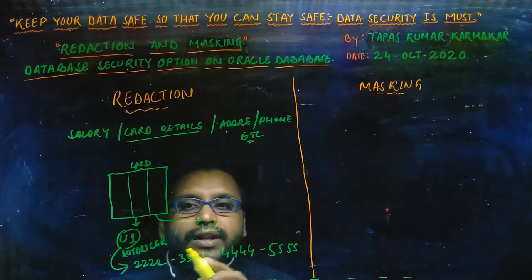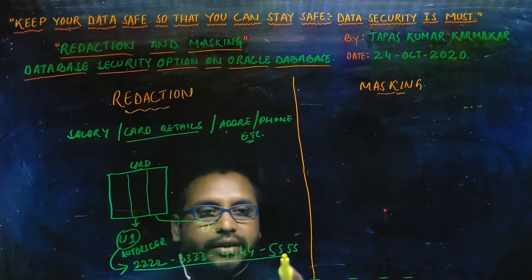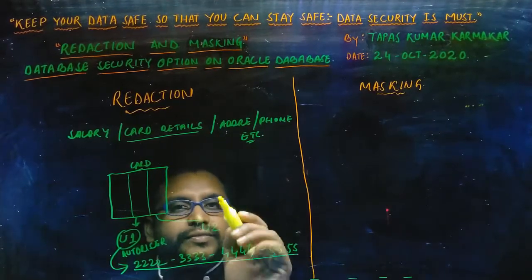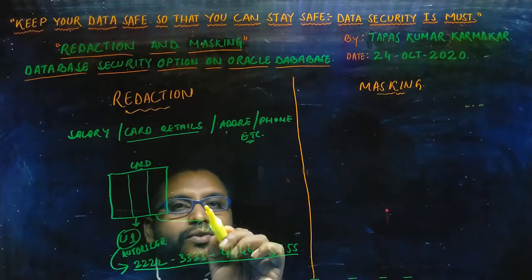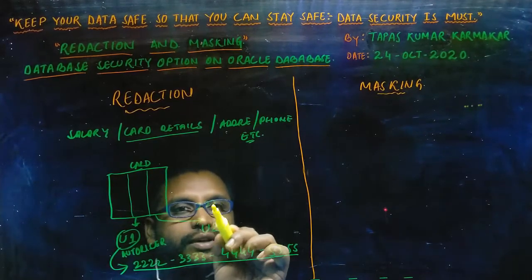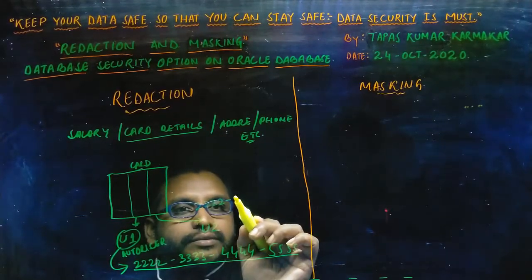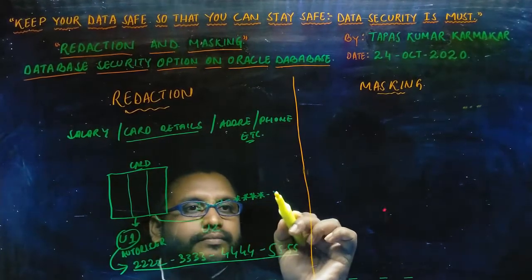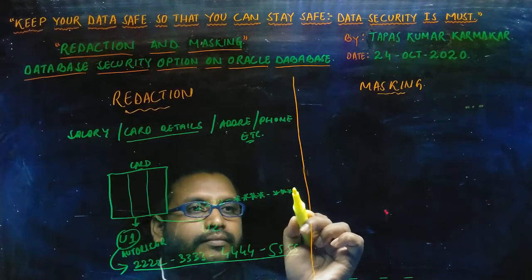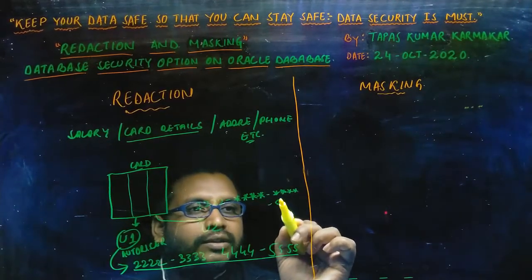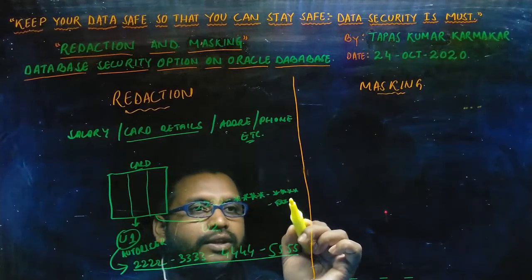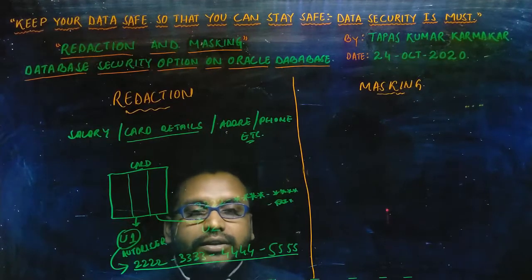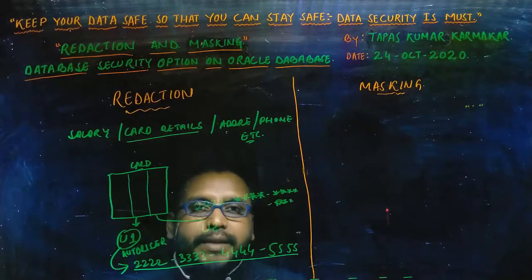So redaction will change this data to a different value as per the requirement of the customer. U2 will see this value changed like this. As per your requirement you can change the data, and it should populate when the non-authorized user accesses the same data.